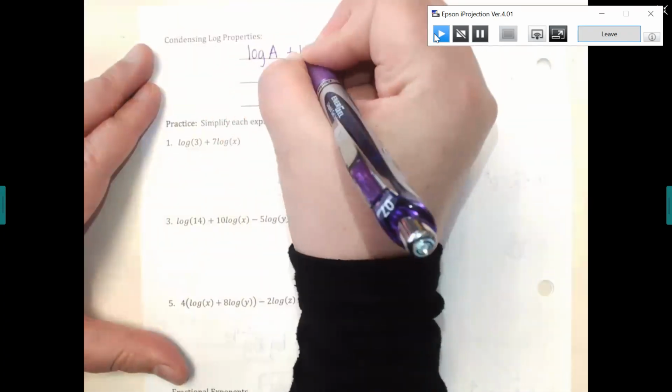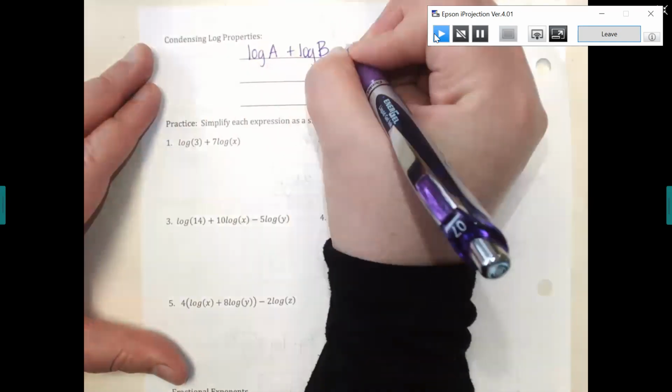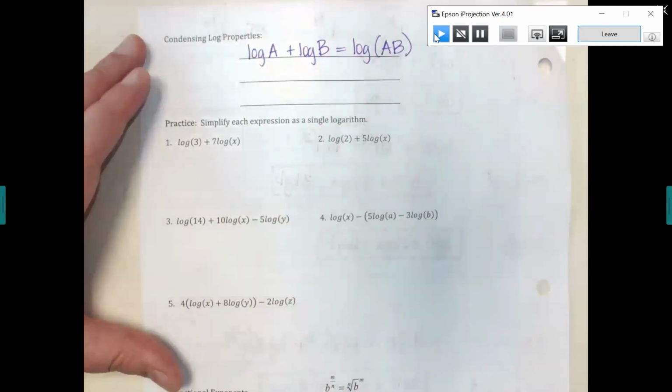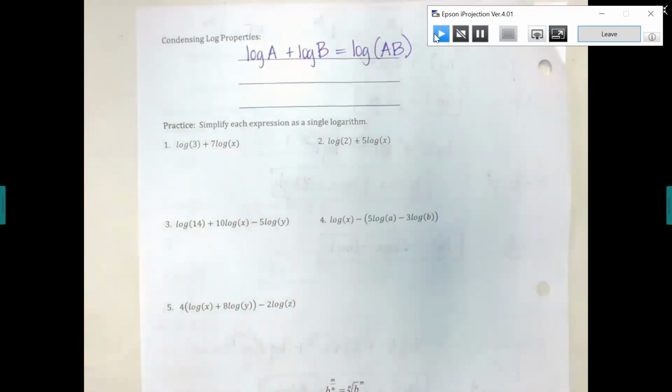If you have a log of A plus a log of B, you're going to combine them back to log AB together. If they were originally added, when you squish them into the same log, you use multiplication to make them share the log.